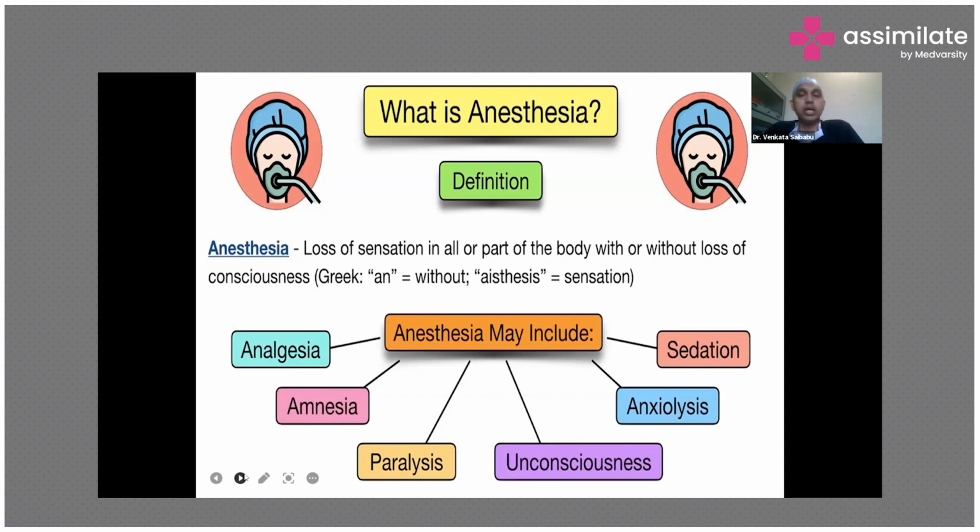Anxiolysis: prior to the surgery, the patient was very anxious. And sedation: the patient should be completely sedated. All these are required for a perfect anesthesia.